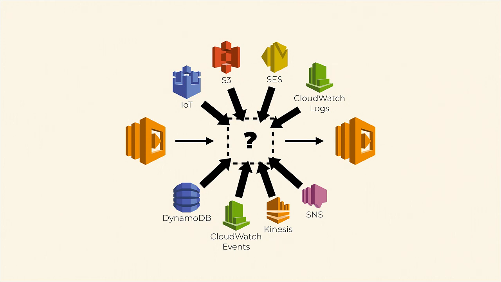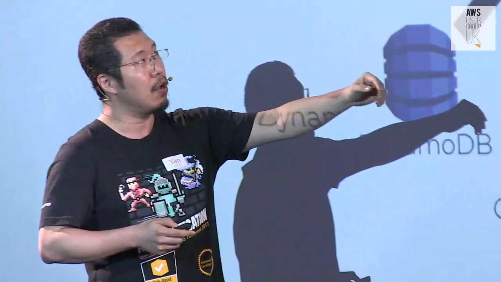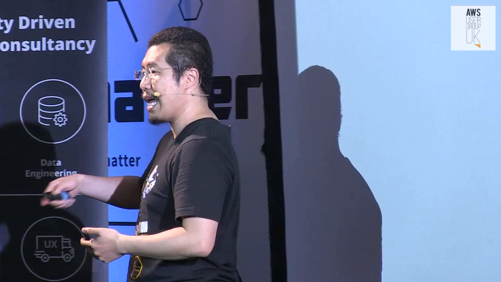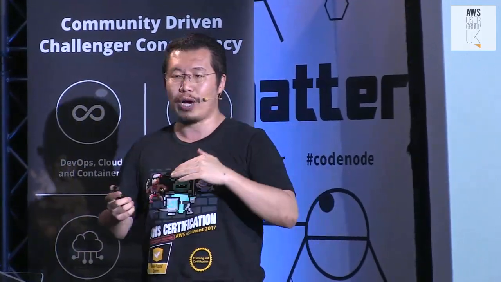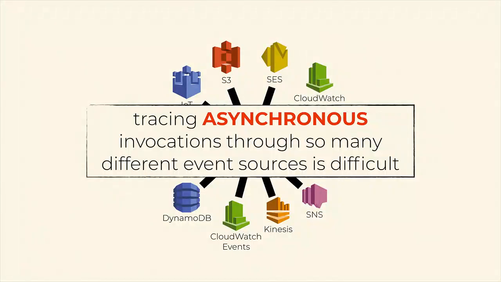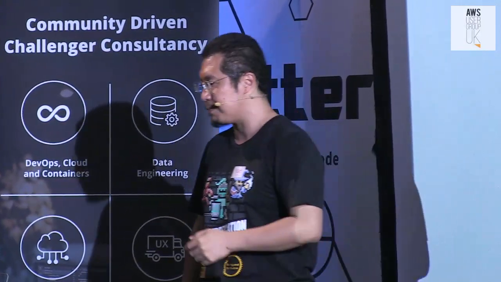Or maybe someone publishes a message into SNS, or maybe from an IoT device, you publish a status update to the IoT message hub that triggers a Lambda function to do some processing and handle that event. And of course, trying to trace what happens in the system the whole way through across these asynchronous events is much harder compared to tracing synchronous direct API to API communications.